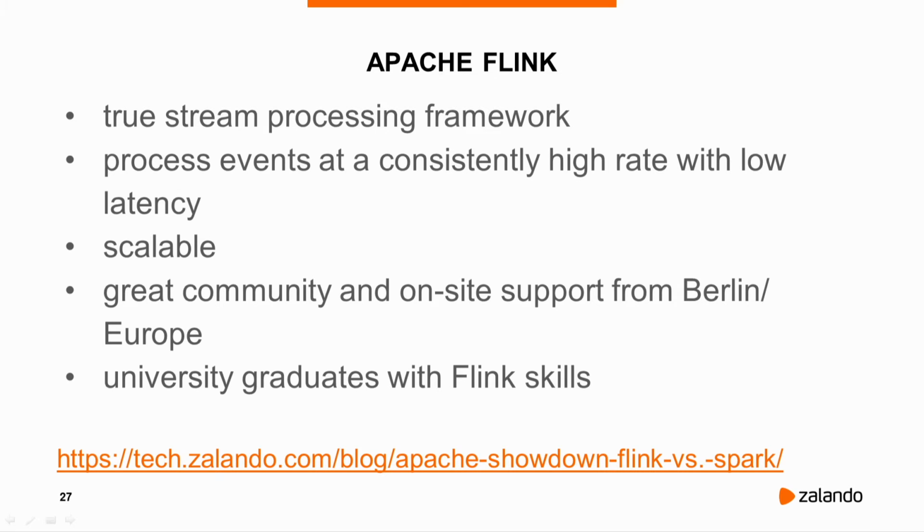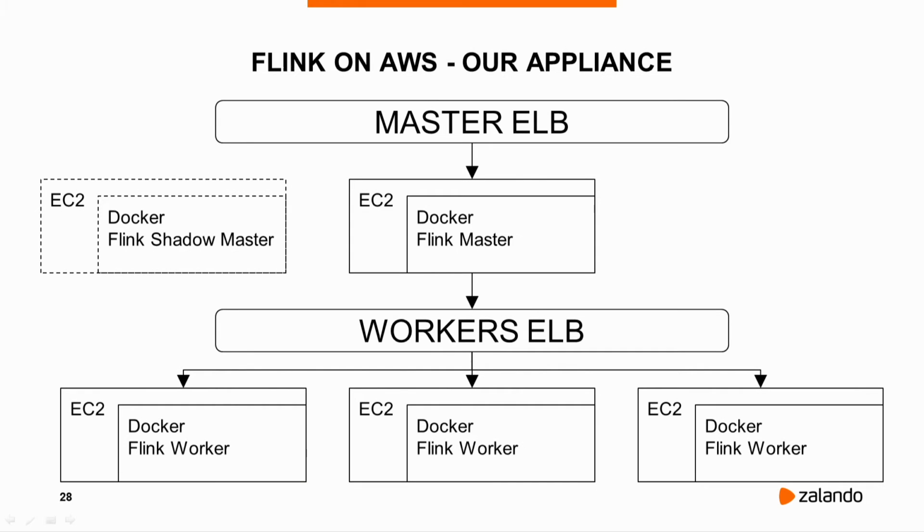Okay, so we went with Flink, and because we use AWS, we needed to build a Flink appliance for it. We use Flink in standalone mode on EC2 instances in Docker containers. We have a load balancer for all master nodes and a load balancer for all worker nodes.